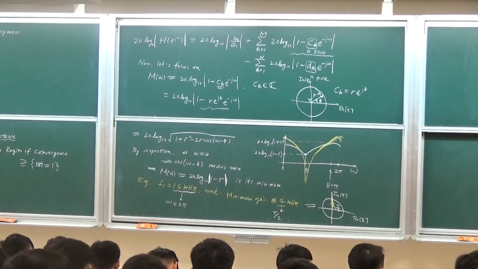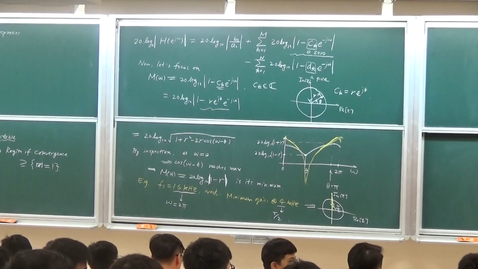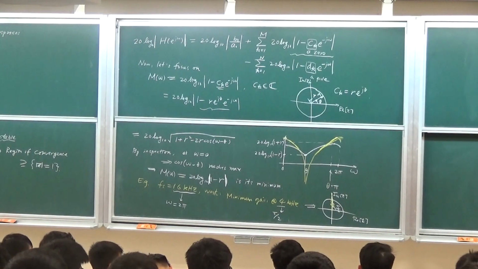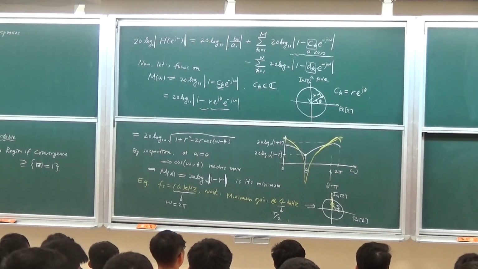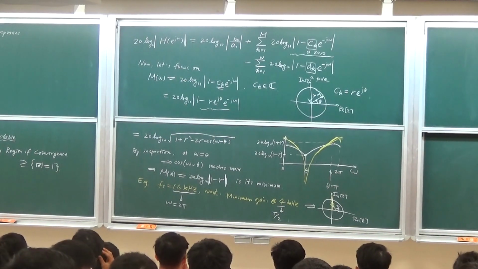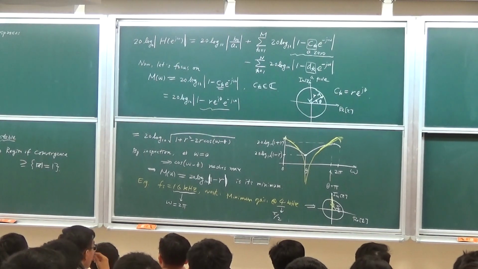To substitute pi over 2 into omega. Yes, and then do the inverse transform. Right. Yeah, you can do that.